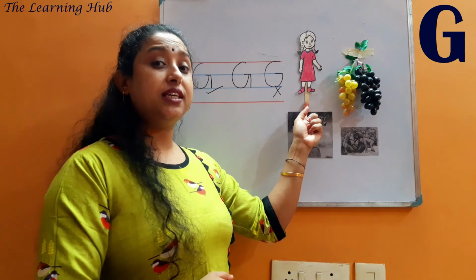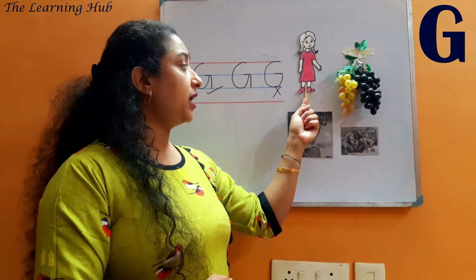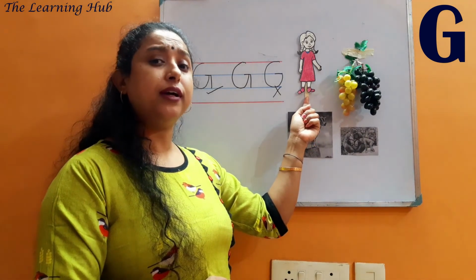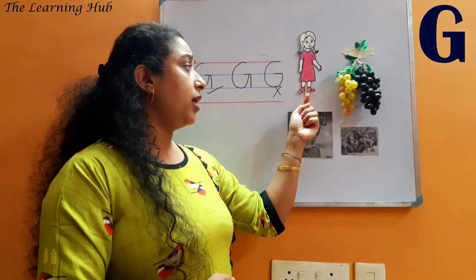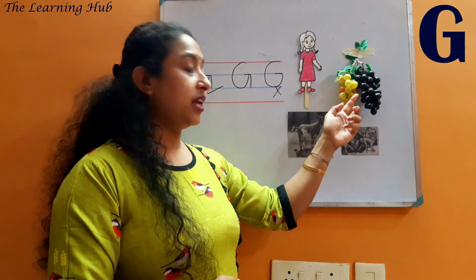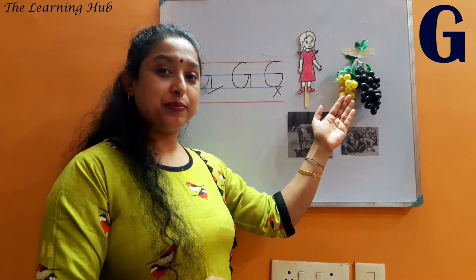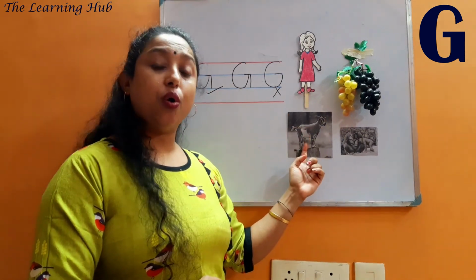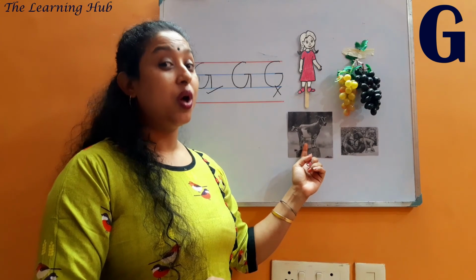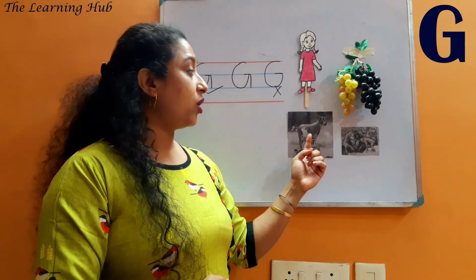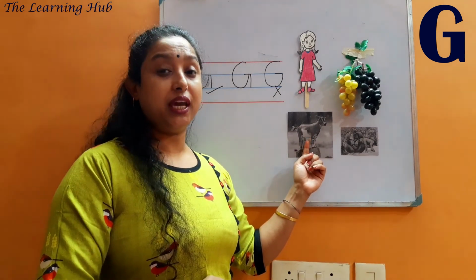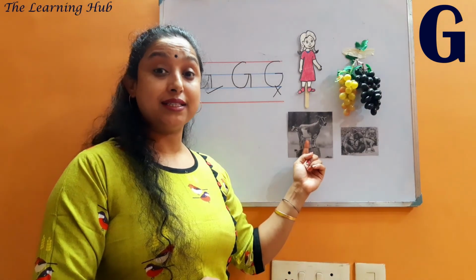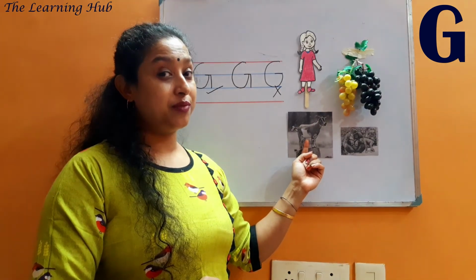She is Guinea. Guinea is a very beautiful girl. She loved to eat juicy grapes. She had a pet goat named Gogo. Gogo loved to eat green grass and leaves.